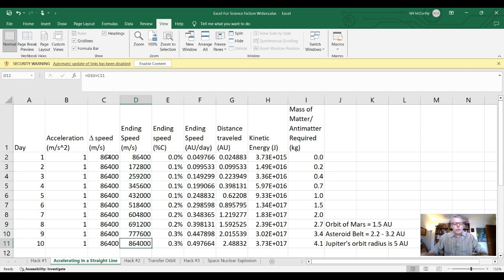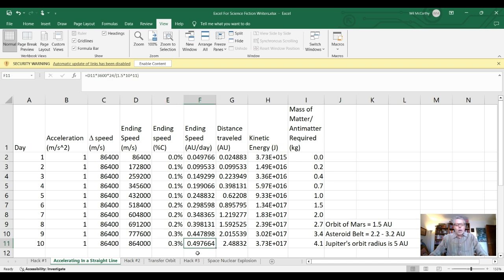On day 10, we've got 10 times that speed, which is 864,000 meters per second, or 864 kilometers per second. So that's very fast. That's 0.3% of the speed of light. So for zipping around the solar system, this is a very nice sort of Buck Rogers speed.